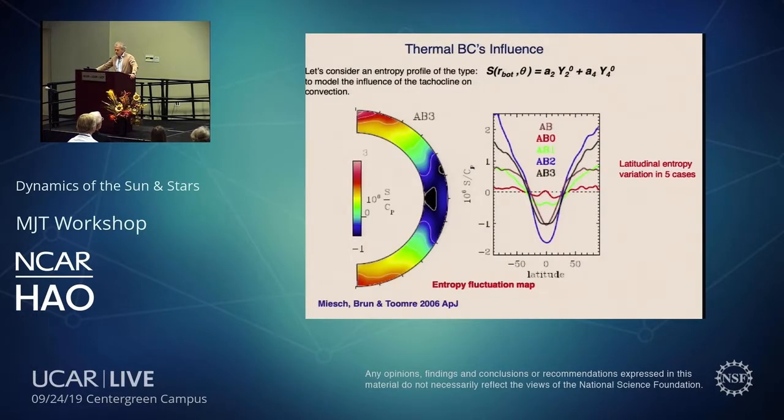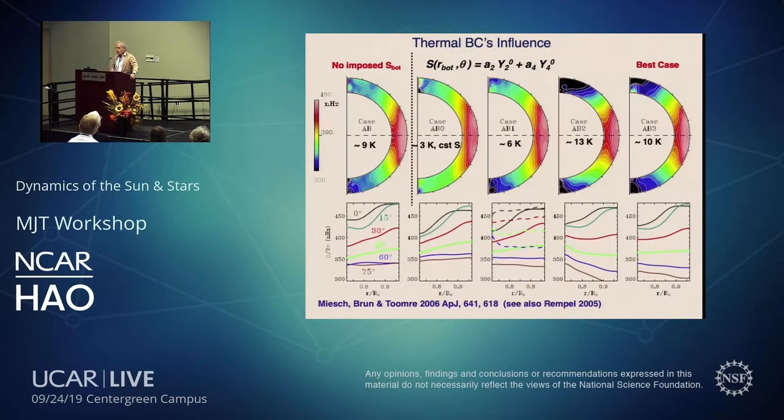So we did work with Mark and Yuri in 2006 in trying to see how much we were controlling the differential rotation and the amount of entropy variation, because the sun is stratified, so it's better to speak of entropies and temperature. So we did a set of experiments, and I will show you that.